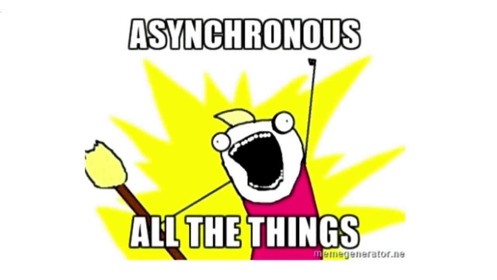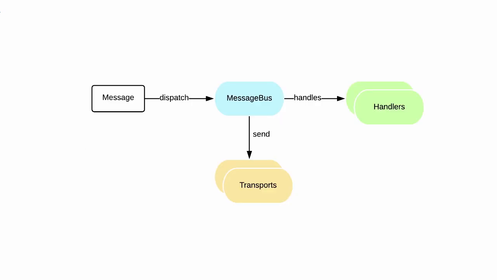And I suggest we explore that path. So we are going to try to configure the message bus not to call this handler right now, but to call it later. And the way we are going to do that is to route this message to a queue system, basically. Something that's going to be asynchronous.